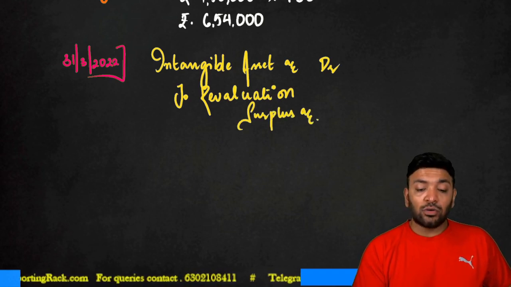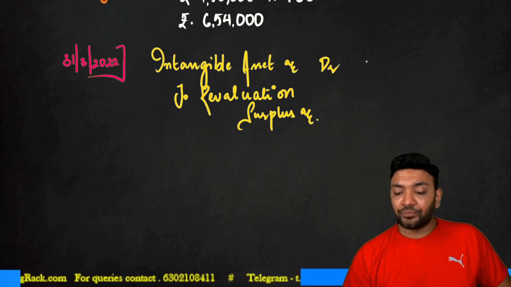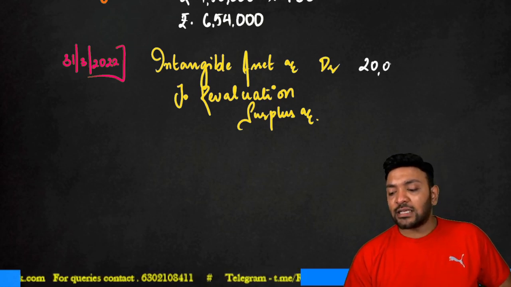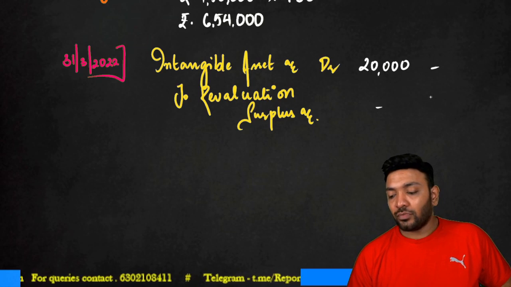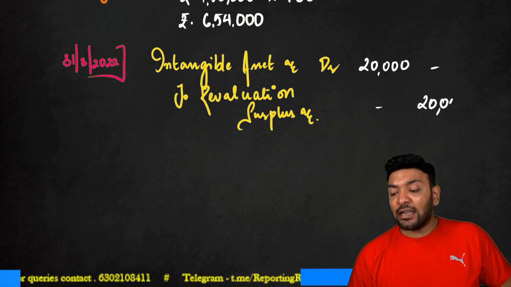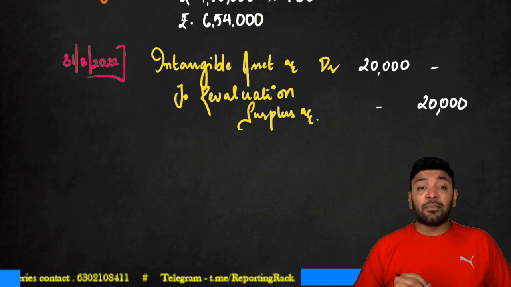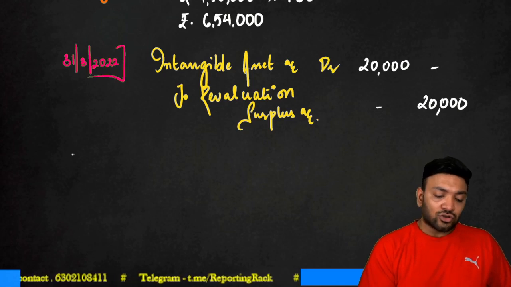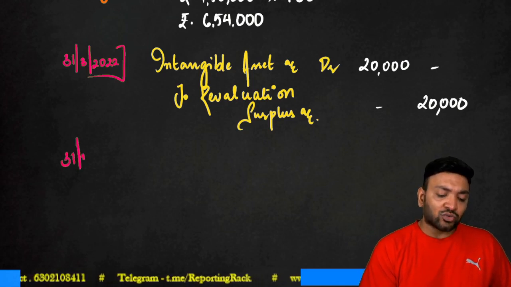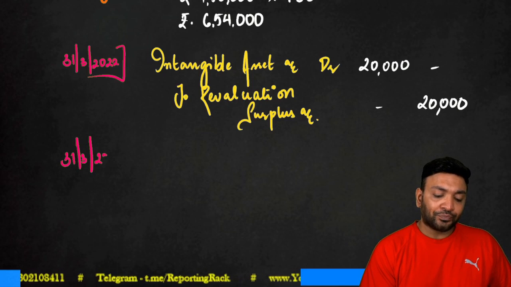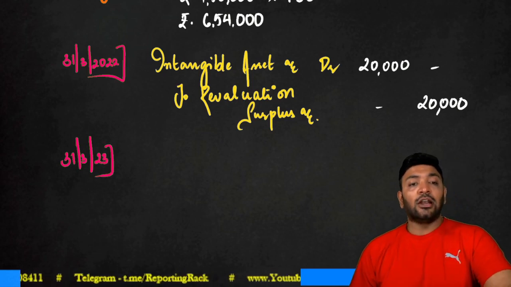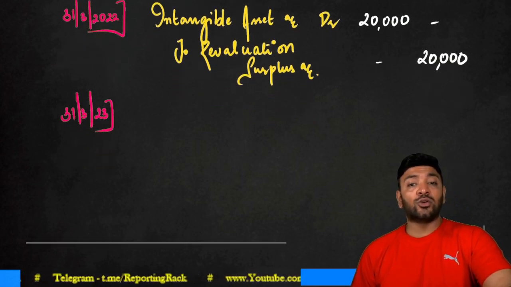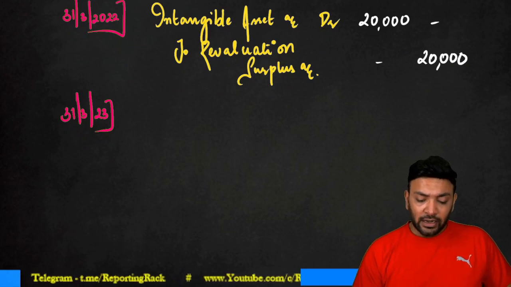How much is the amount? The amount is 20,000. In the subsequent year, there is a downward revaluation by 35,000. So on 31st of March 2023, it was downward revalued. So reduce the intangible asset by 35,000.